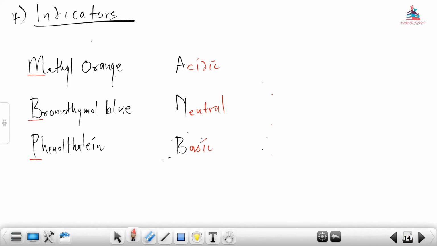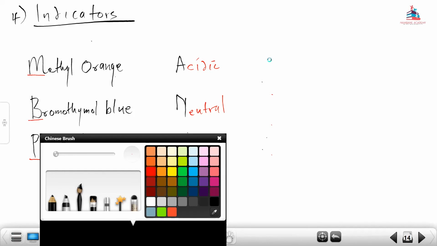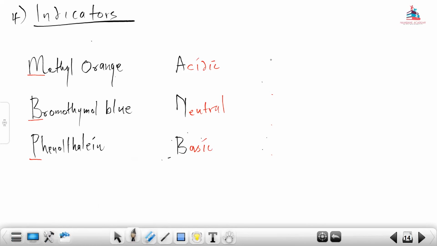It says to me, I must use a strong acid that will react now with a weak base.